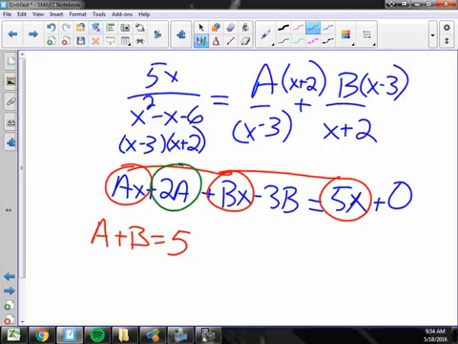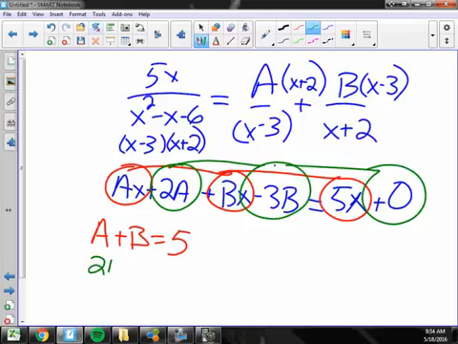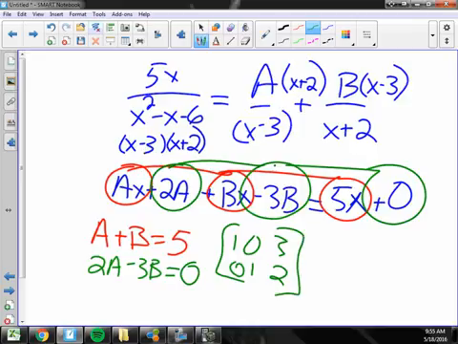And then 2a minus 3b equals 0. You solve that however you want. Anybody get the RREF yet? So you end up with A is 3 and B is 2, and it wants the x plus 2 term, so it wants this one, which is 2.